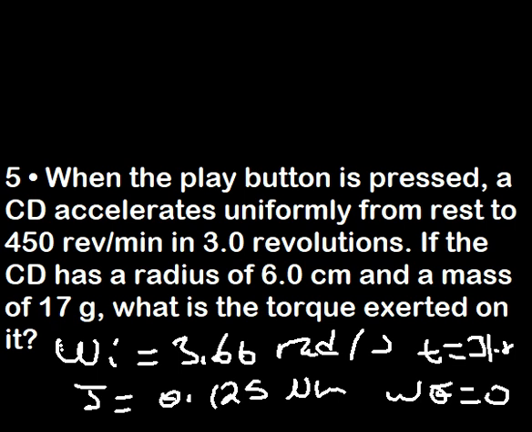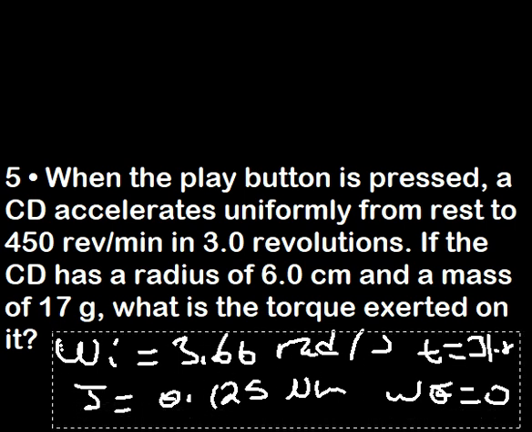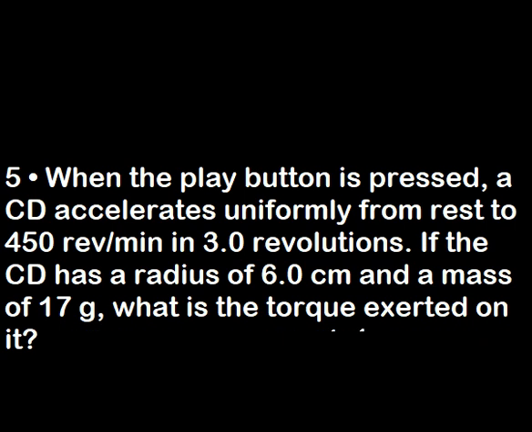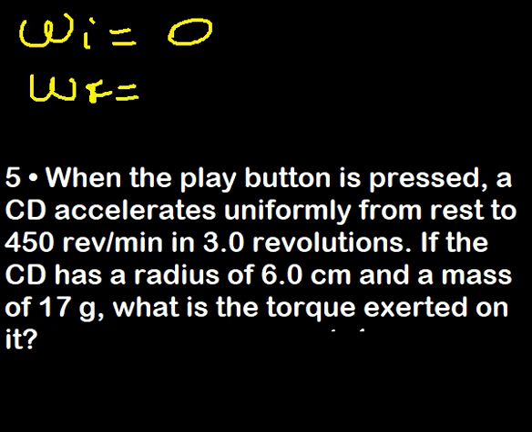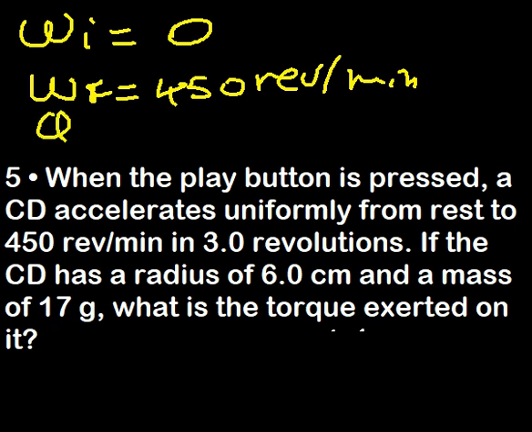Let's say the question says, when the play button is pressed, a CD accelerates from rest, that is initial angular velocity 0, to a final angular velocity of 450 rev per minute, which you should know how to convert to rad per second, in 3.0 revolutions.